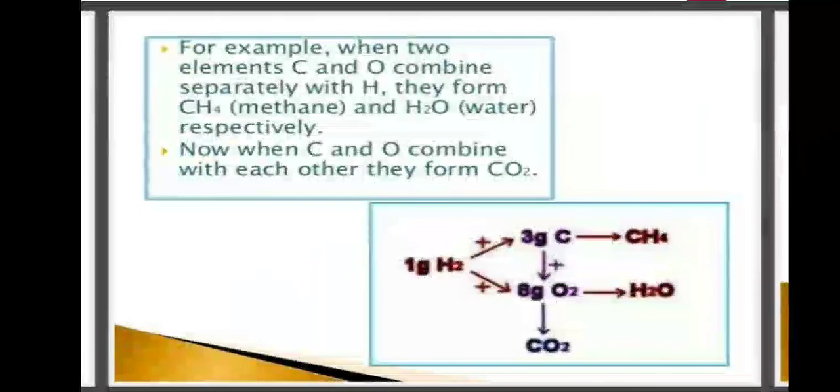For example, when carbon and oxygen combine separately with hydrogen, they form methane and water respectively. When carbon and oxygen combine with each other, they form carbon dioxide. 1 gram hydrogen plus 3 gram carbon forms CH4, methane. 1 gram hydrogen and 8 gram oxygen form water. And 3 gram carbon and 8 gram oxygen combine to form carbon dioxide.